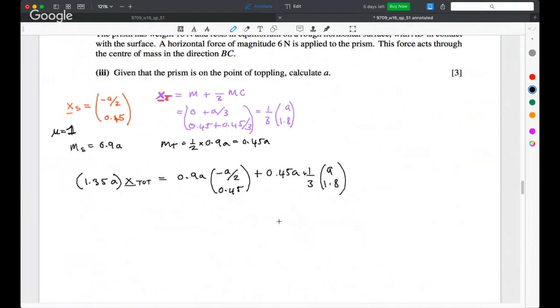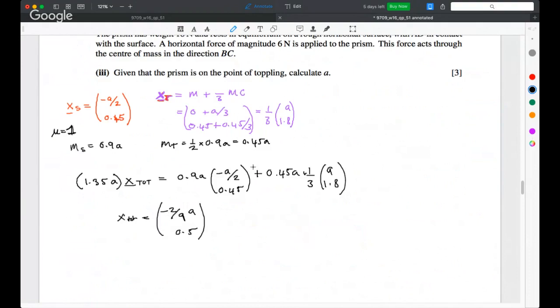Now, if you work this all out, you'll get that x total is equal to minus 2/9 a, and the y coordinate is 0.5.